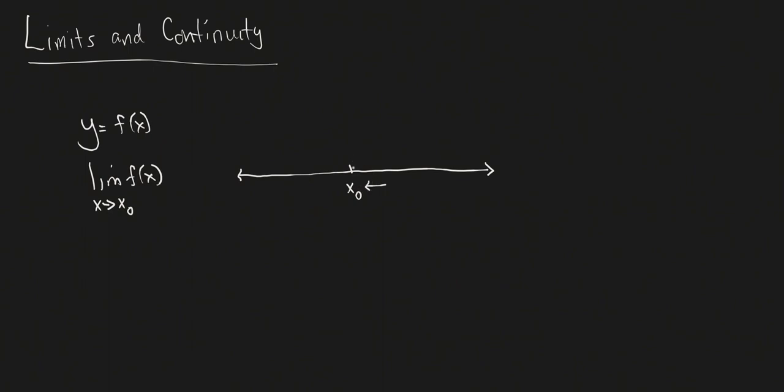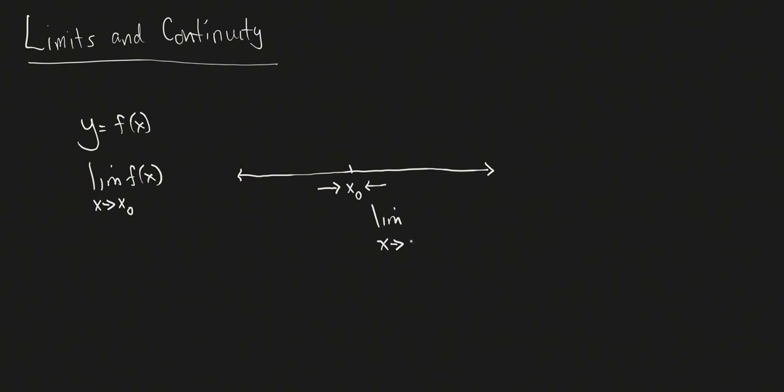So if our values of x are a little bit bigger than x0, but they're getting smaller, or we could approach x0 in this direction and say, well, our values of x are smaller than x0, but they are getting bigger. And then that gives rise to these one-sided limits.